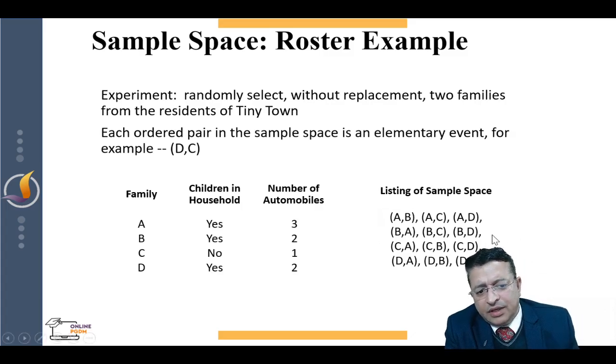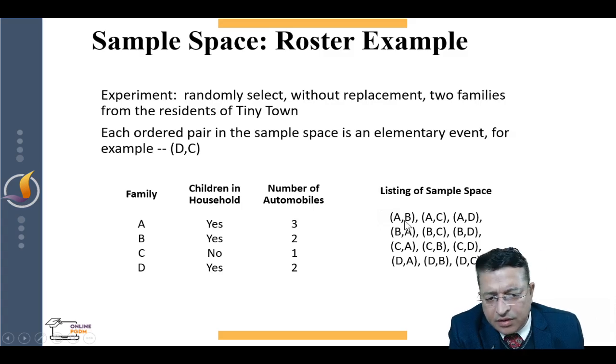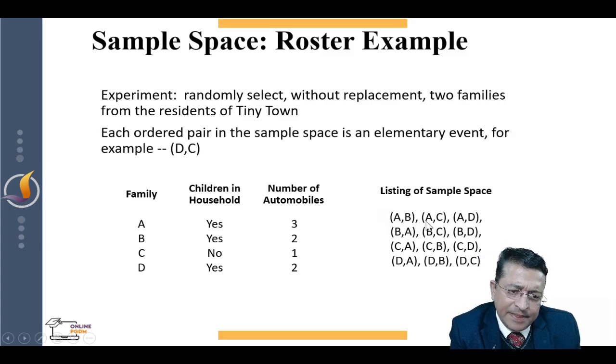Now you can see how many events there would be. Out of these 4, we have to select 2 at a time. It could be AB, AC and so on up to DC. Each ordered pair in this sample is an elementary event. For example, this last one is.